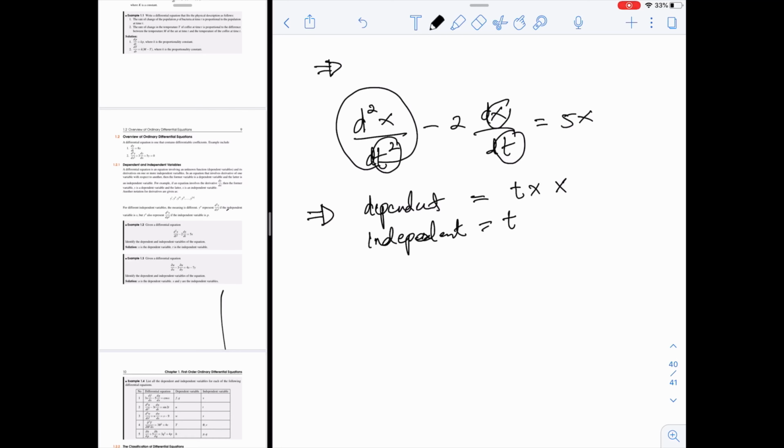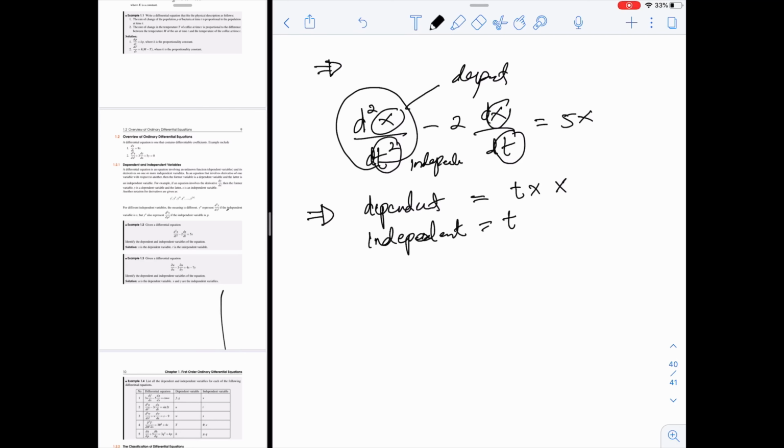Or you may conclude that the one below, we call it the independent, and the one above the dependent variable. So if you want to differentiate which one is independent and which one is dependent, look at the derivative.